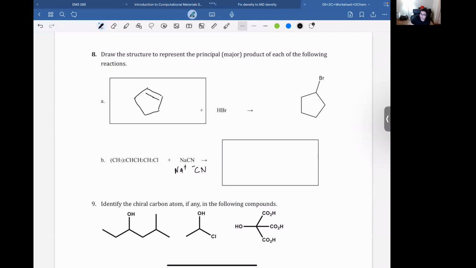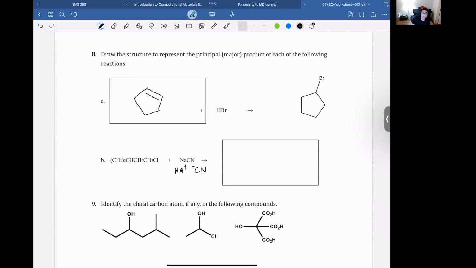I'll talk about the reverse reaction in a second, and why it doesn't happen. I don't think this is something you have to learn, but the CN is a strong nucleophile due to the negative charge. The carbon can't stabilize it super well, so it wants to react with something to get rid of the negative charge.